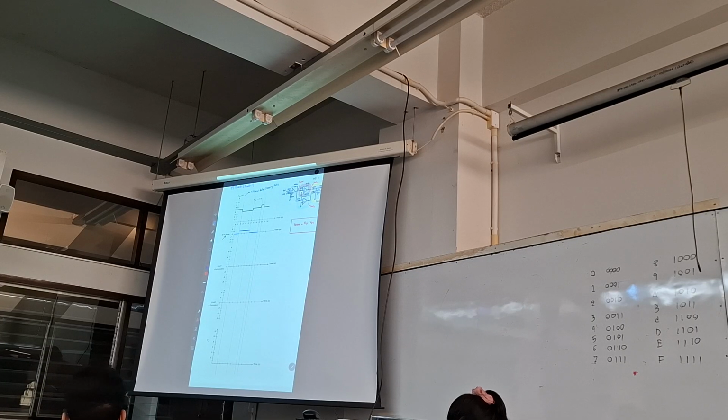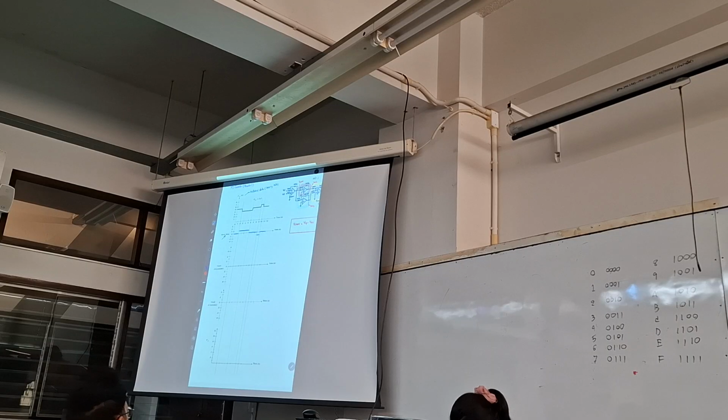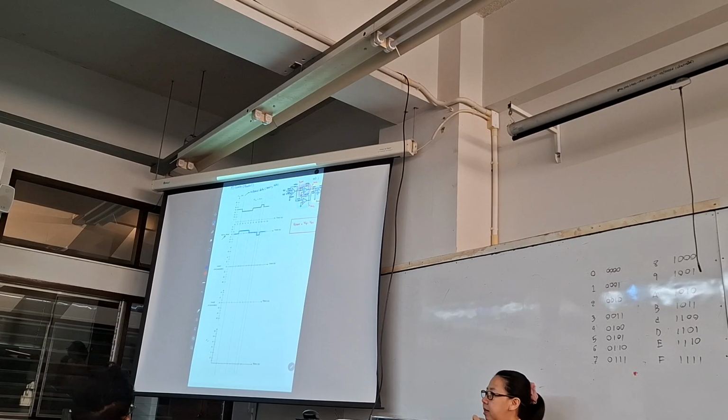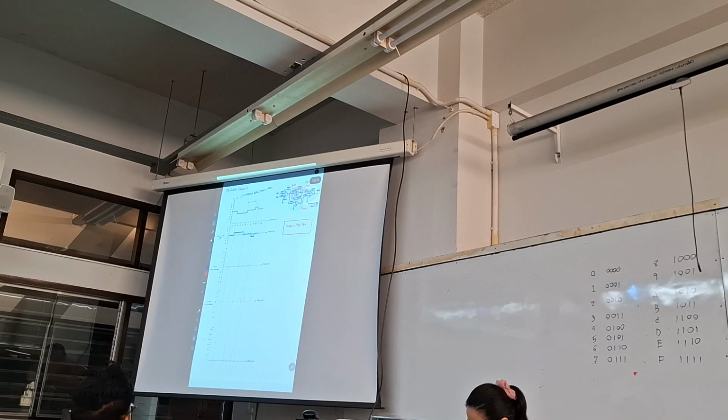Then the last step, you have 5 minus 5, then it is equal to 0. Then you have to continue to make the connection line. You will get something like this for the other. Do you understand?